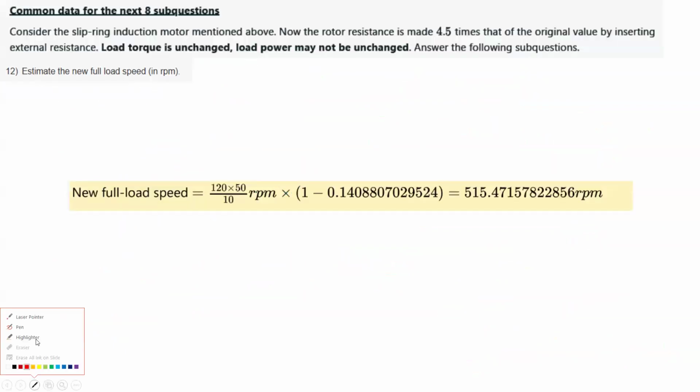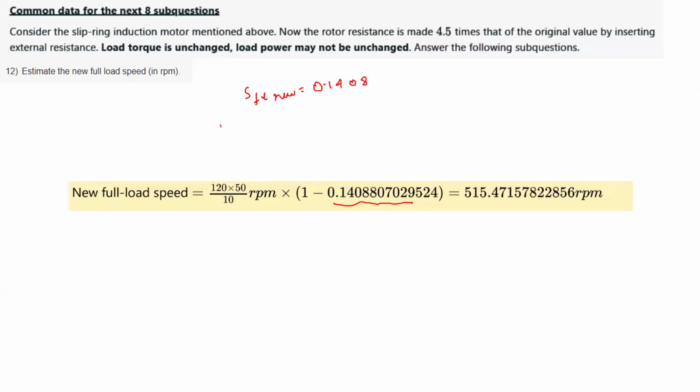Now going to the next question, you now have to find the full load speed. We know the new full load slip, 0.14088, something like this.